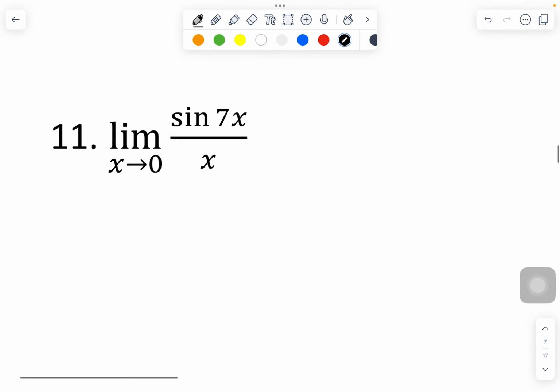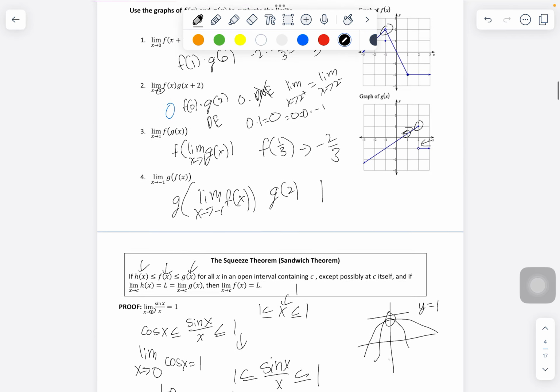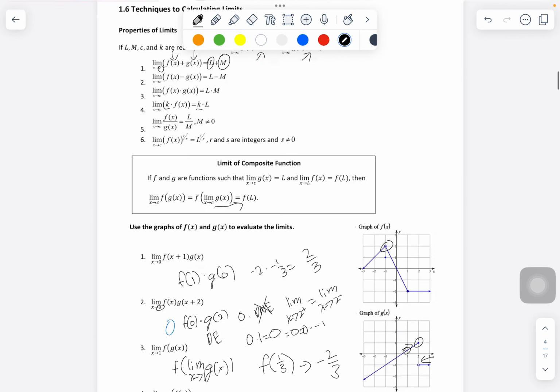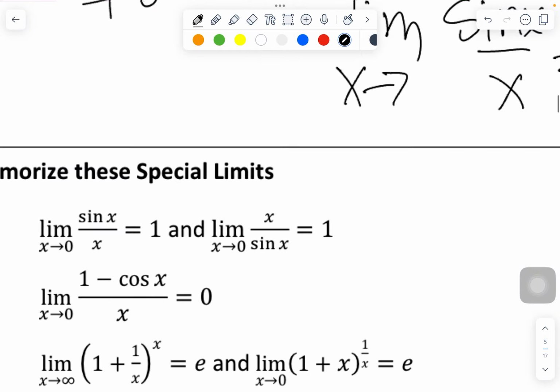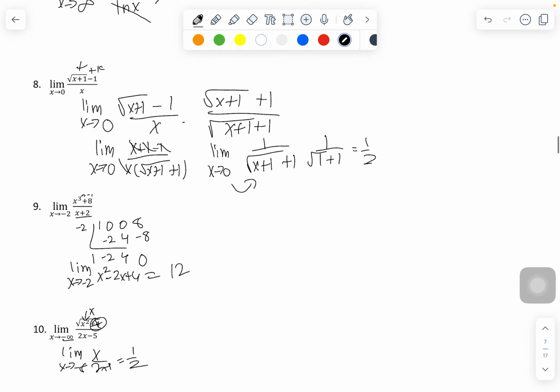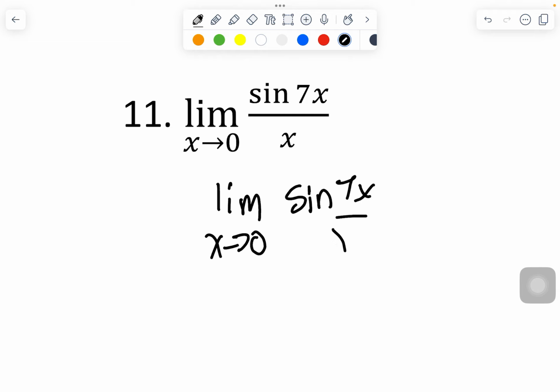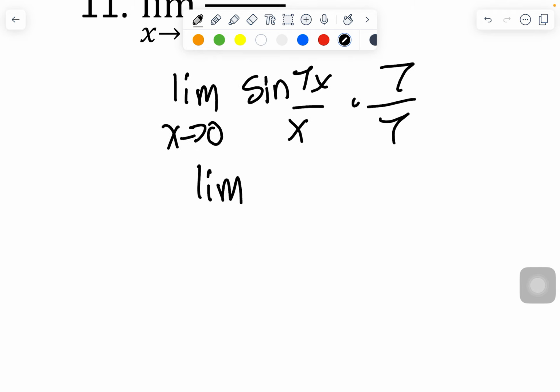And then this one is also kind of difficult to notice, but you have to realize that it looks like one of our memorized limits, or special limits, sine of x over x equals 1, but not exactly once again. So what we'd have to do is make it look like that limit. So we have our question, and then to make it look like that limit, we can do this.